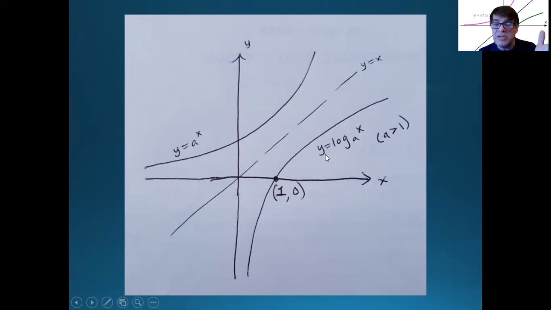Remember, the log is the power, so y is giving us the power. Anything to the power of 0 is 1. So everything's going to go through this particular (1, 0) point if it's a logarithmic function.